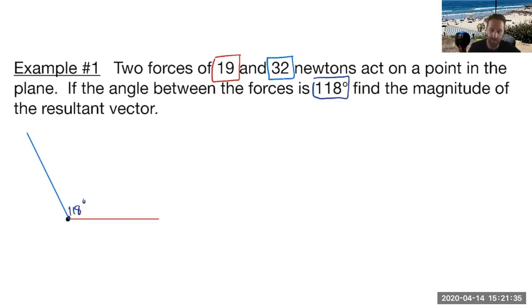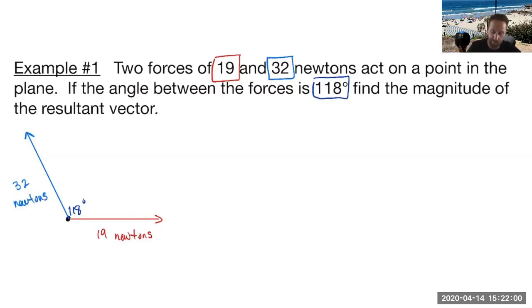However, if one force is acted upon that point in this direction of 32 newtons, and then the other, they said, was in that direction of 19 newtons, which sometimes I'll write that out, we know that our resultant vector is going to be measured in the same.